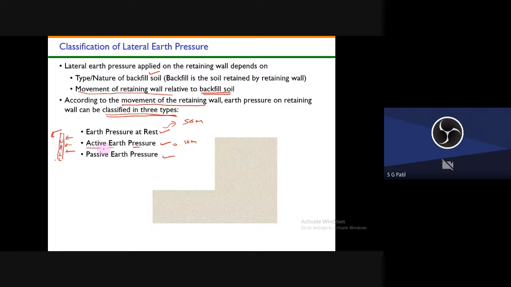Here, with some animation, I am explaining what is earth pressure at rest, active earth pressure, and passive earth pressure. This is the retained soil, I can call it the backfill. This is the wall, the retaining wall.